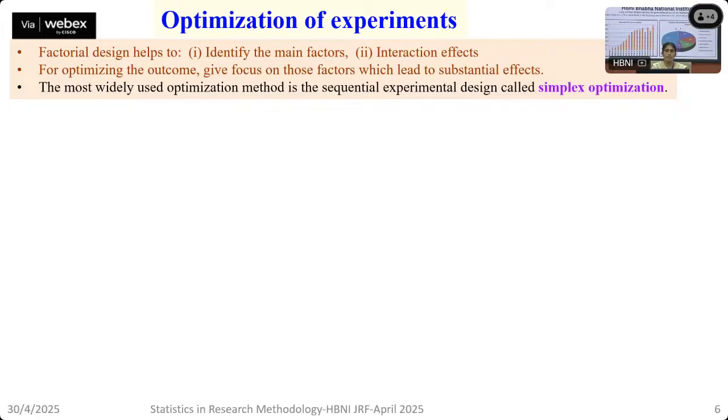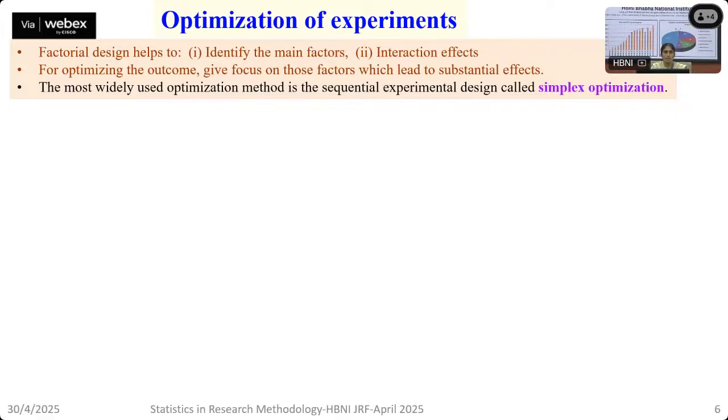When we have interaction among the factors, most of the time we may have to do a simultaneous design of the experiment. And while optimizing the outcome, we can give focus to those factors which will be leading to substantial changes in the response function.